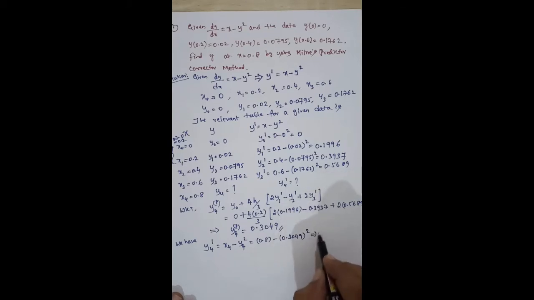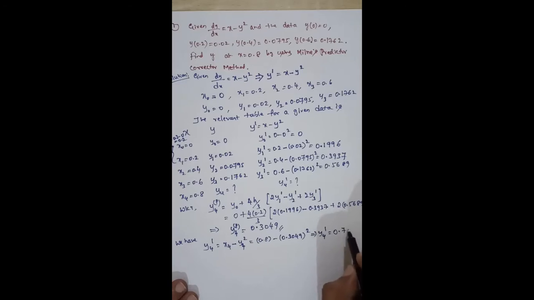Now calculate this, we get the value of y4 dash, and the value of this one is 0.7071. Now let us apply the corrector formula. We know that again y4 power c, the corrector formula equals.